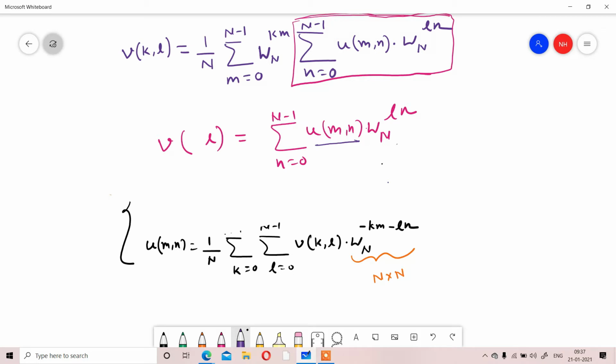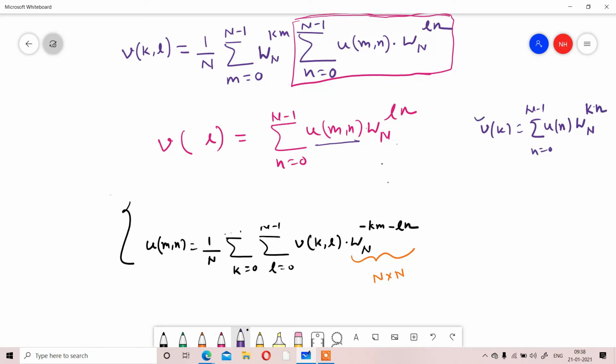In case of 1D, your equation was Vk equal to summation n equal to 0 to n minus 1 u of n Wn of kn.